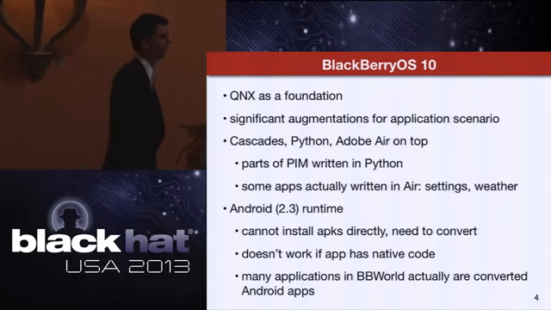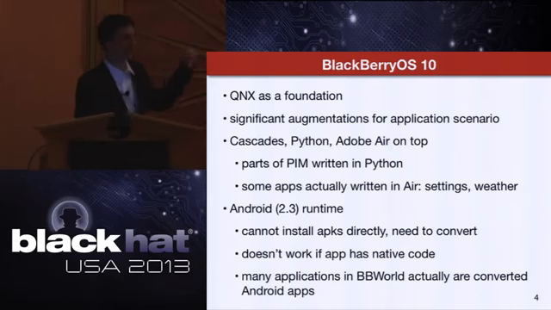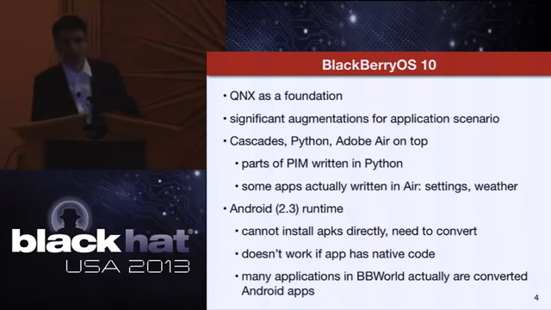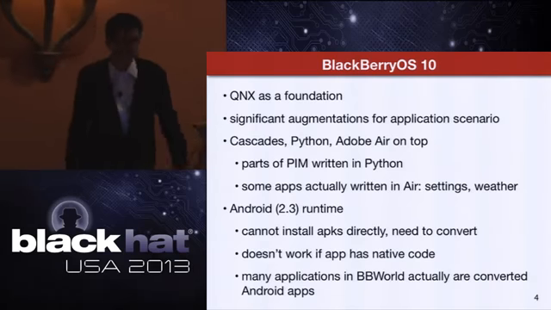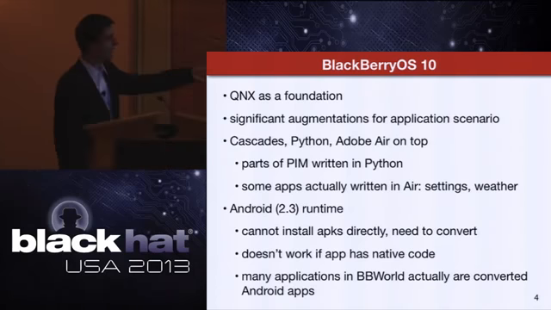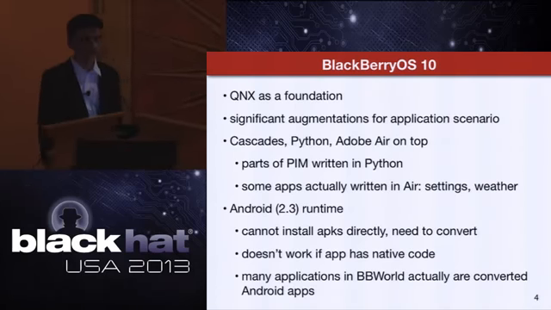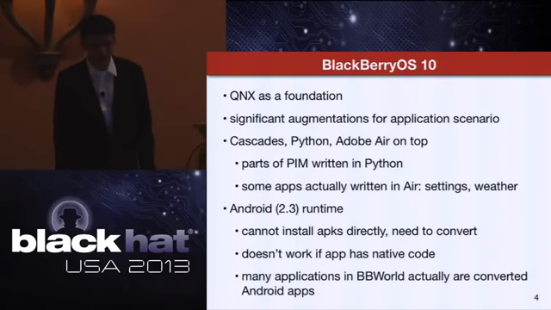Moreover, there is an Android runtime for which you cannot install APKs directly, but you need to convert them into so-called bar files. Doesn't work if the app has native code. And it turns out that many of the applications in the BlackBerry world these days actually are converted Android applications.